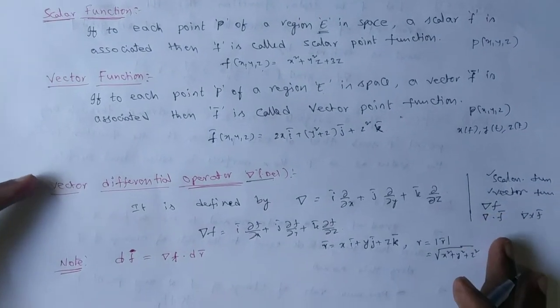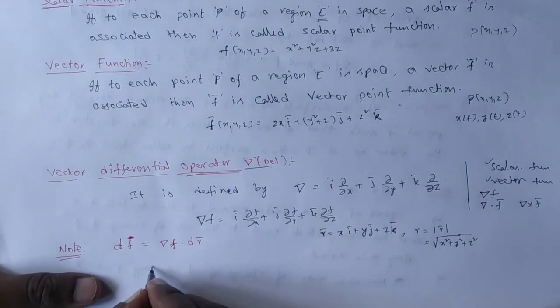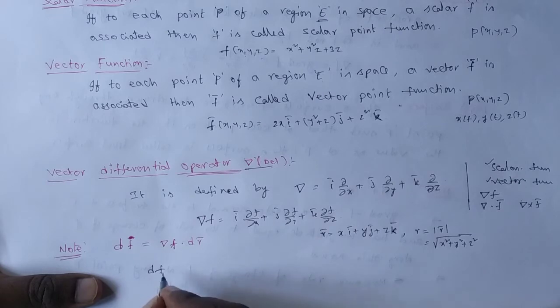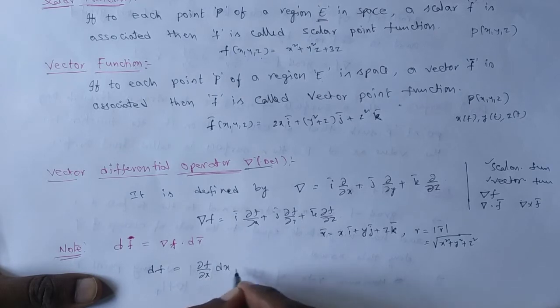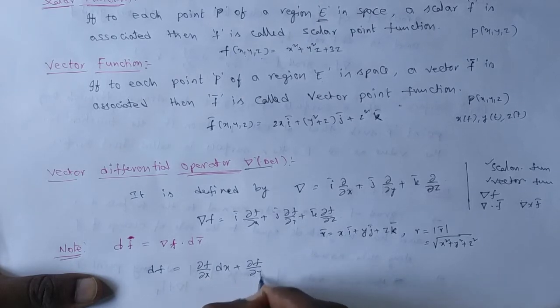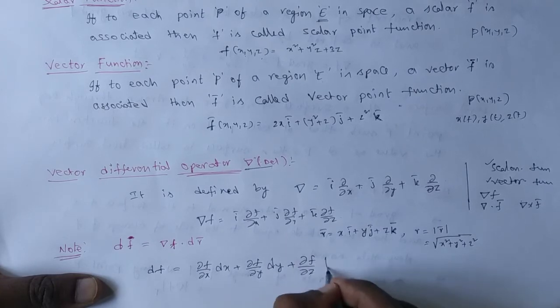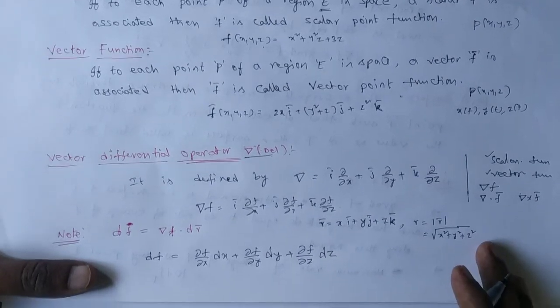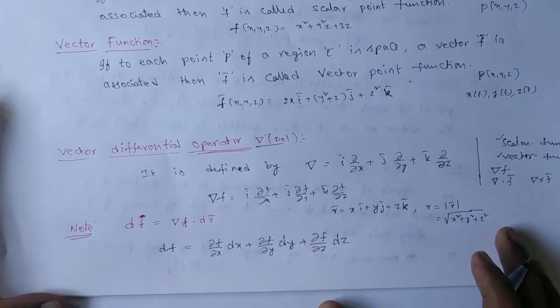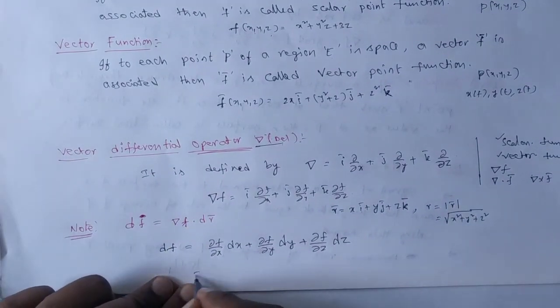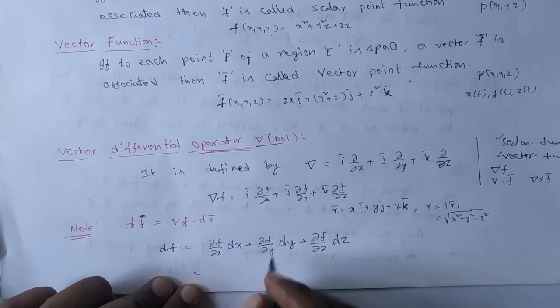I will show it here. We know what df is. Let us say f is a function of x, y, z. So we have df equal to dou f by dou x into dx plus dou f by dou y into dy plus dou f by dou z into dz. In vector quantities, it can be written as the dot product of two vectors.